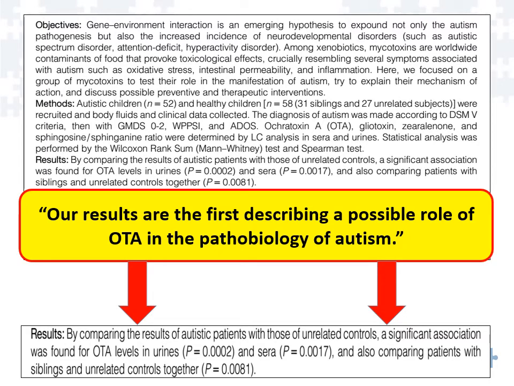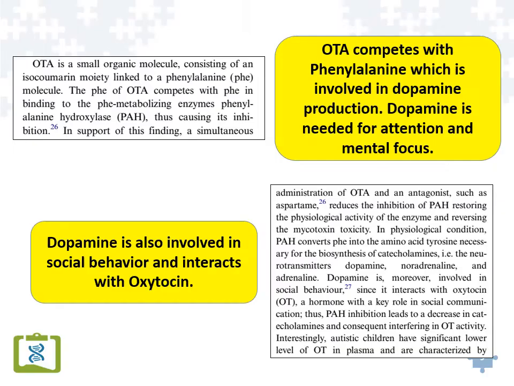And what these researchers found was that there was a significant impact from their results of ochratoxin in the pathobiology of autism. Now, you watching this video, you may not be working with autistic individuals, but keep this in mind. It's very interesting. Ochratoxin competes with phenylalanine for the production of dopamine.